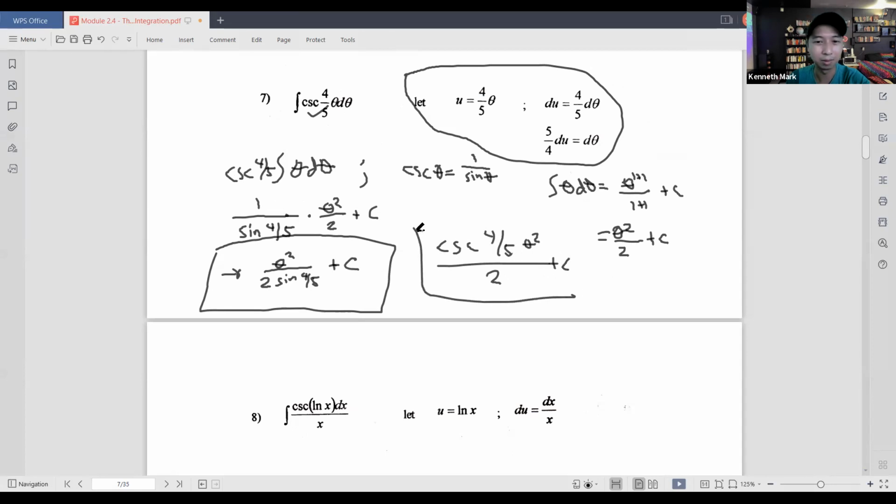Same lang din to. Okay, so all these solutions are correct, no? Either of the two. So pwede mo siya i-simplify using trigonometric functions, convert mo siya to 1 over sine 4/5. Or you can just simply lagay lang natin cosecant 4/5. Pwede naman yan. Check ko naman yung work nyo eh. Okay. Ano pa?